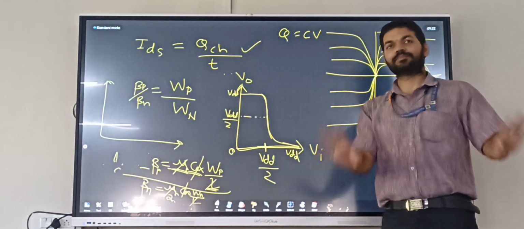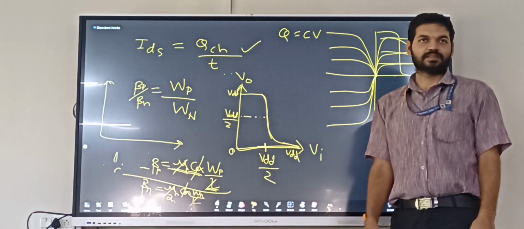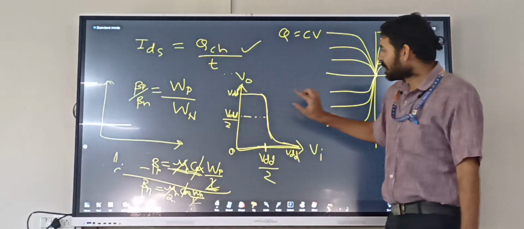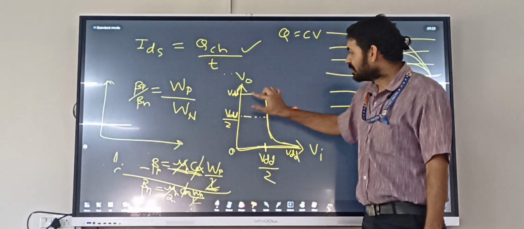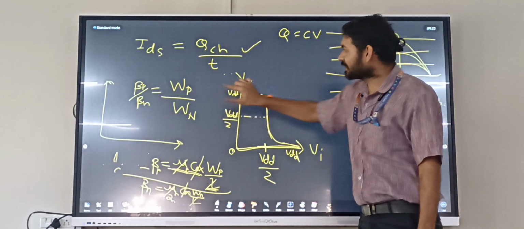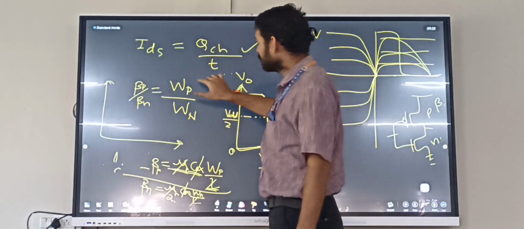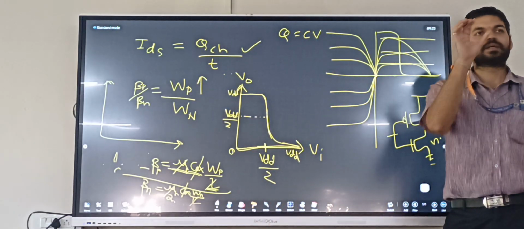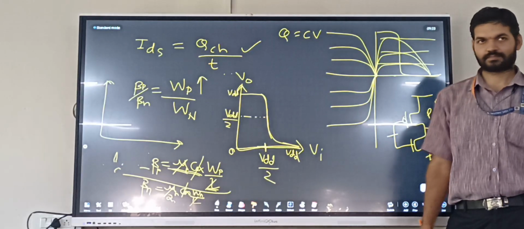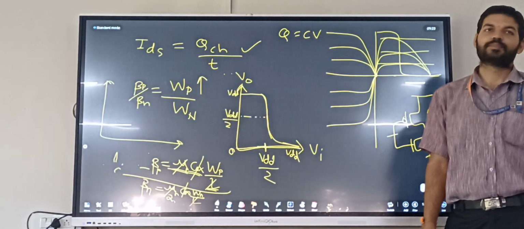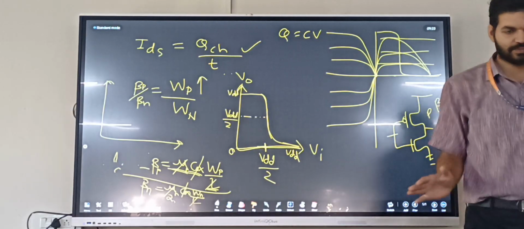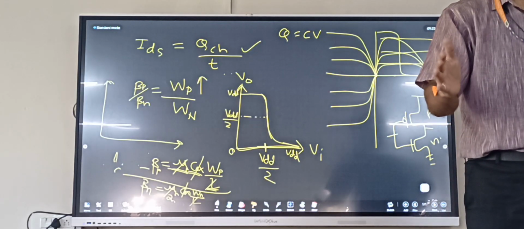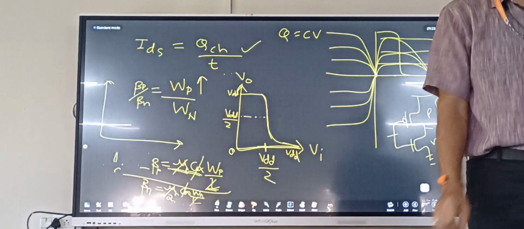Now, this concept is very simple to understand. Let us understand it in a very simple way. See, if I make WP more, width of PMOS is more. If I make width of PMOS more, what will happen? More current will flow.